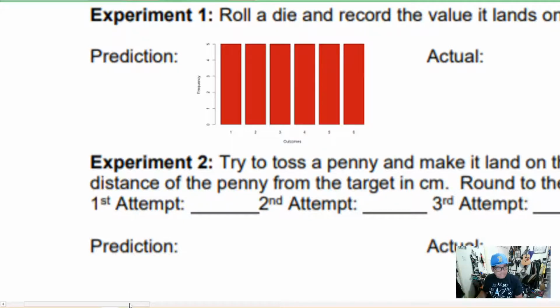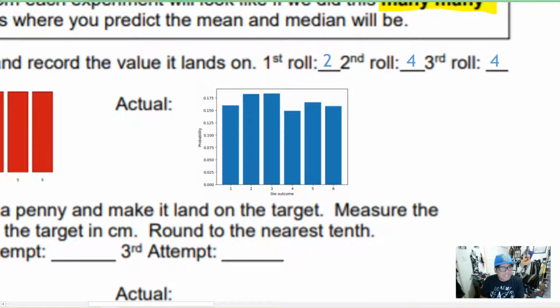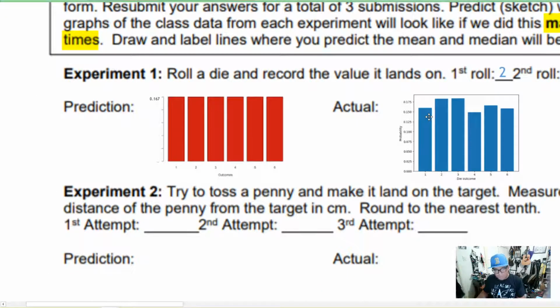Now, in actuality, what would it look like? Well, it probably wouldn't be everything at the same height. We would probably get something a little bit messier, maybe something like this, where everything is not exactly at 1/6, and maybe 2 and 3 are favored a little bit more, but not crazy more than the other outcomes. In both of these, we would call these uniform distributions because the frequency of each outcome is about the same.